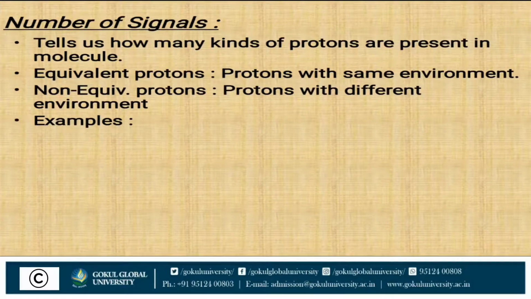First, the number of signals we will show in these lectures, and the other points we will show in our other lectures. It tells us how many kinds of protons are present in a molecule. What are the different kinds of protons?